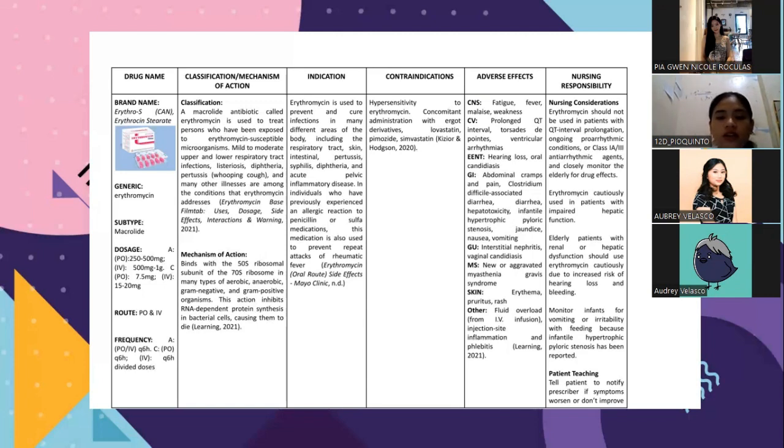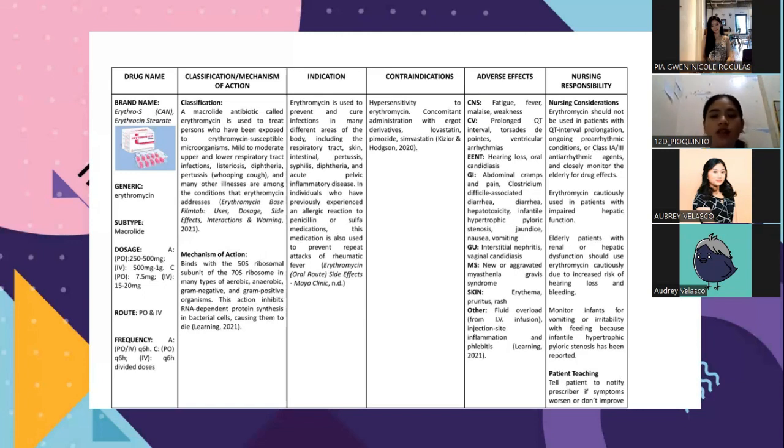In gastrointestinal, abdominal cramps and pain, Clostridium difficile-associated diarrhea, hepatotoxicity, infantile hypertrophic pyloric stenosis, jaundice, nausea, and vomiting. In GU, interstitial nephritis and vaginal candidiasis. In musculoskeletal, new or aggravated myasthenia gravis. In skin, erythema, pruritus, and rash. In other, fluid overload from IV infusion, injection site inflammation, and phlebitis.